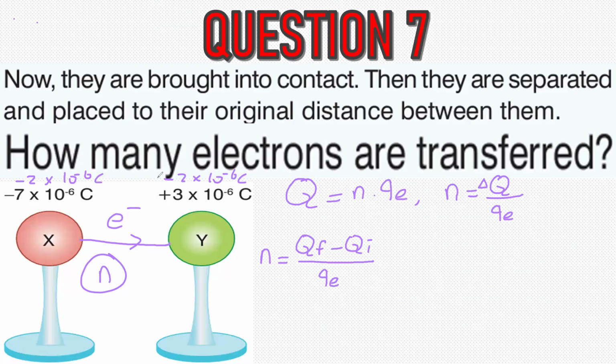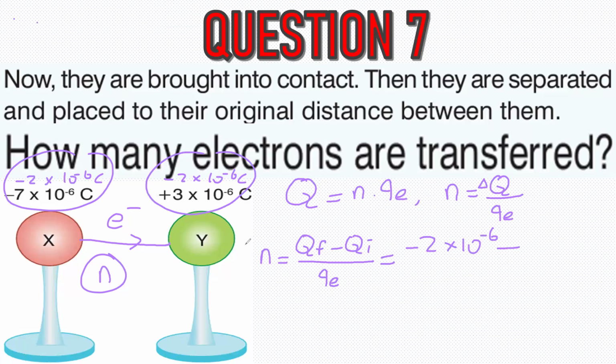New charges, both of them have the same charge. Now we are trying to get how many electrons transfer from X to Y. We are using Q final first. Q final is negative 2 times 10 to the power of negative 6, minus, for Q initial, you can use this one here, X or Y, whichever you want.